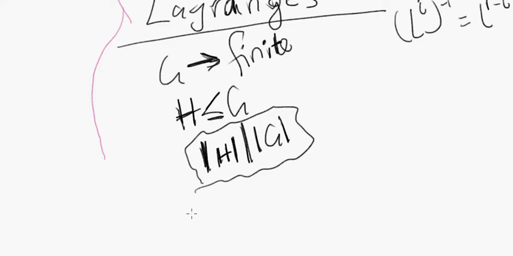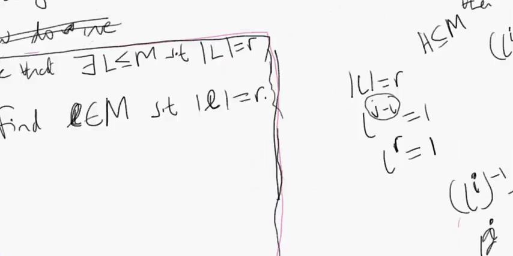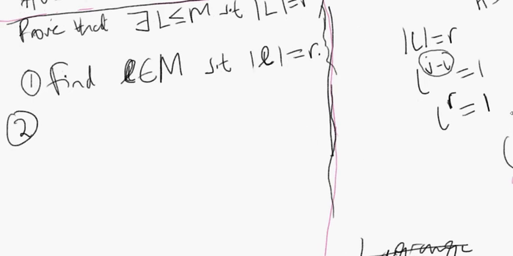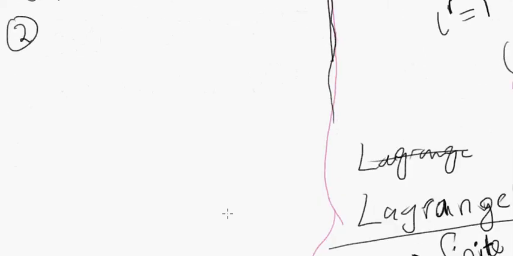Well, given this information, can we figure out a potential way of showing that a group or a subgroup has a given order? For instance, what if we found a subgroup? Let's think about this a bit.